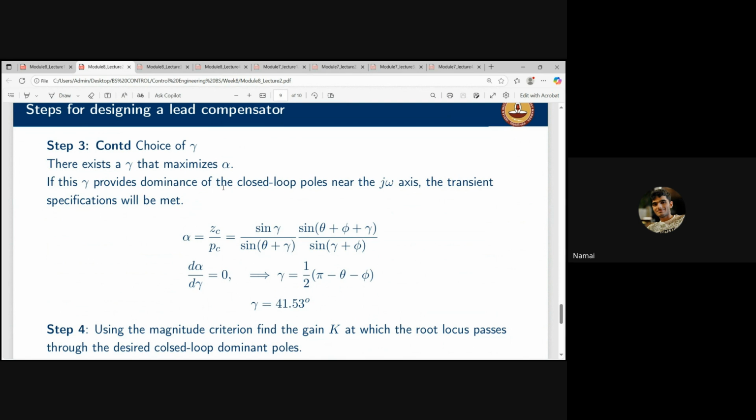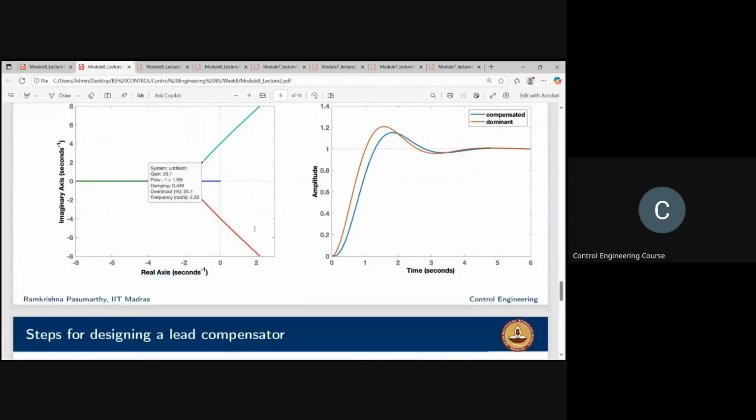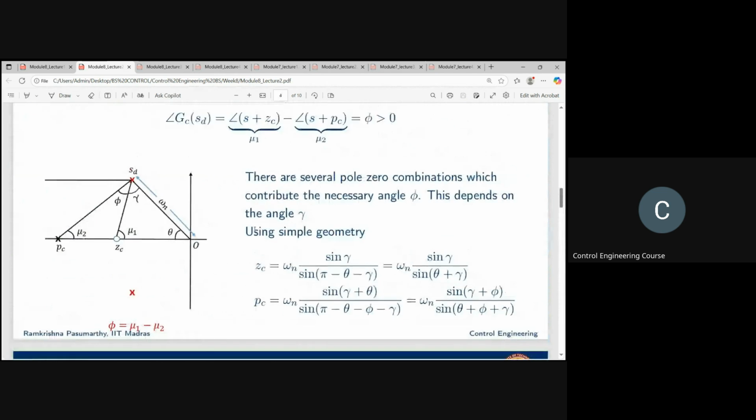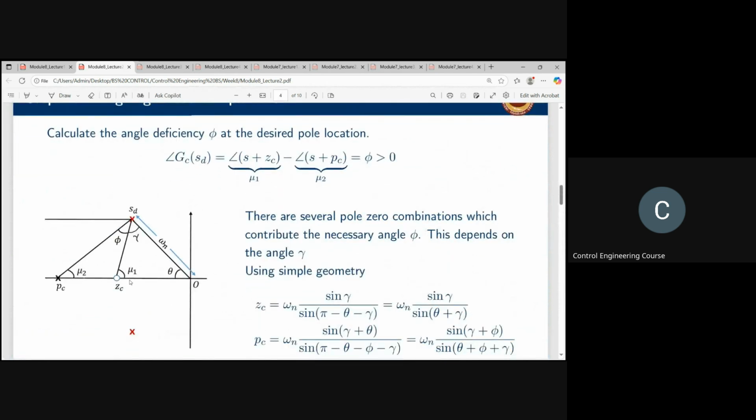Alpha is ZC by PC, which you can see from the property of this triangle. Alpha is this length divided by this length, correct? Alpha is ZC by PC, so this length OZC divided by OPC.